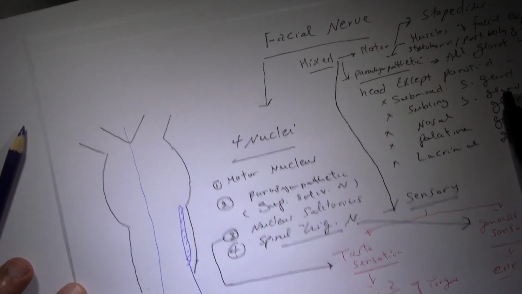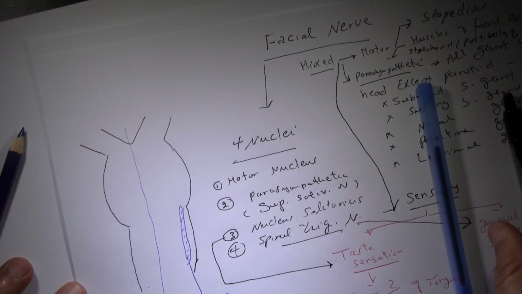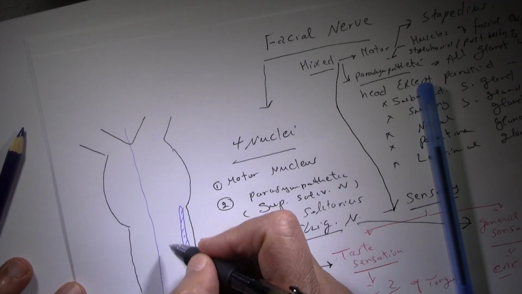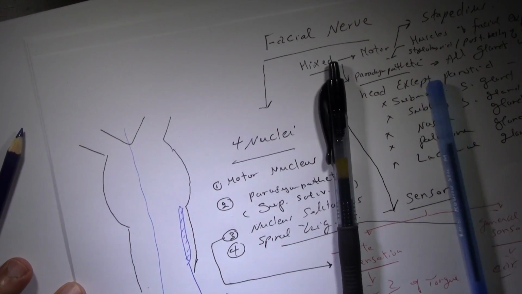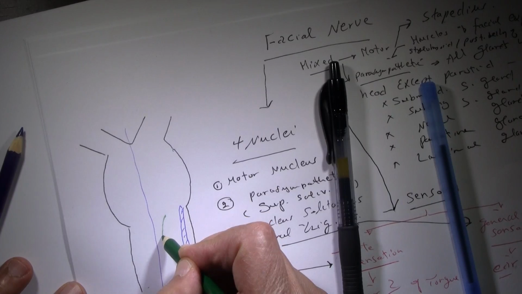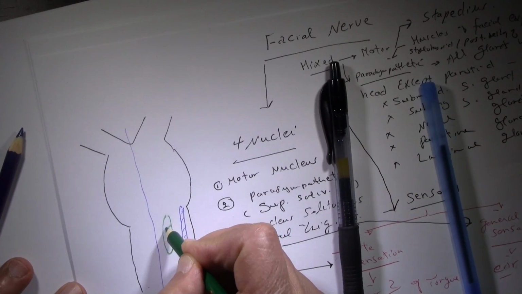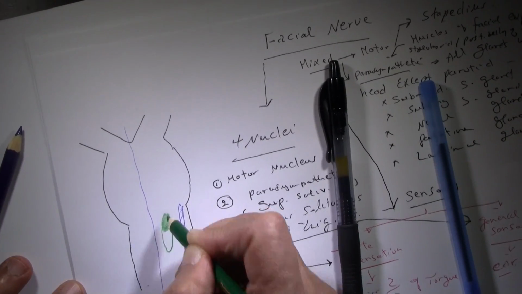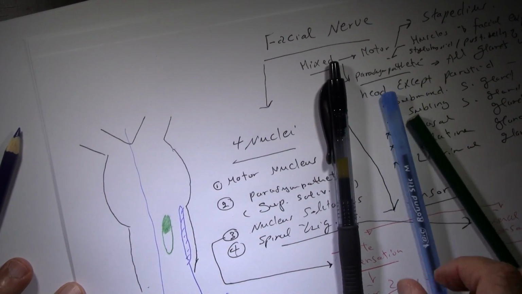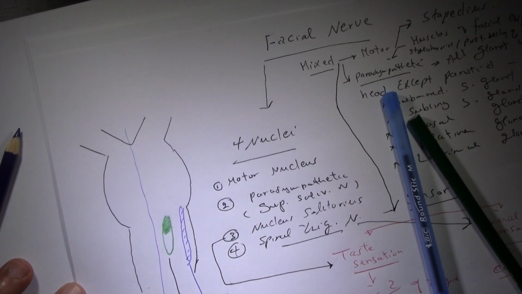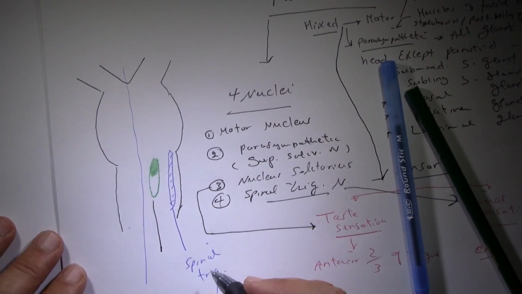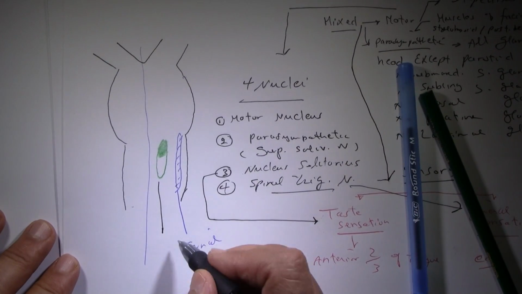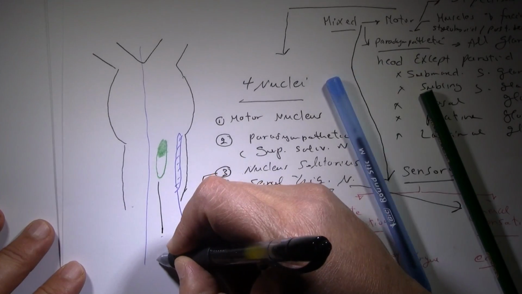You have right and left sides. Then the nucleus solitarius, located also in the medulla, with the upper part related mainly to taste sensation. So this is the spinal trigeminal nucleus, and here is the nucleus solitarius.